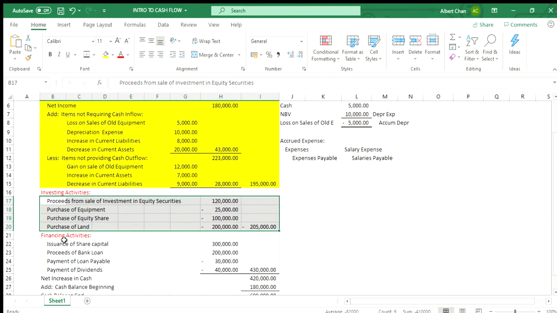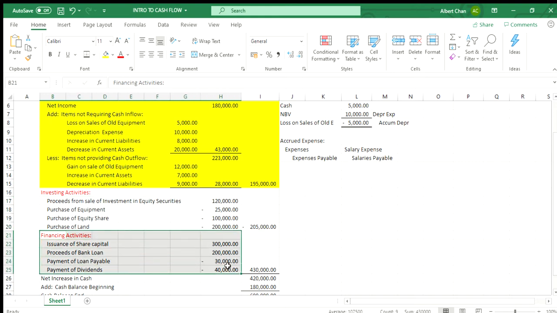And the last part, financing activity. These are sources of capital, sources of funds. For example, when you issue share capital, that means you're issuing preference shares or ordinary shares, no? You receive cash, so your capital increases. You can also increase your funds through borrowings from the banks. Assuming you have a bank loan, the proceeds will be reported here in your financing activities.